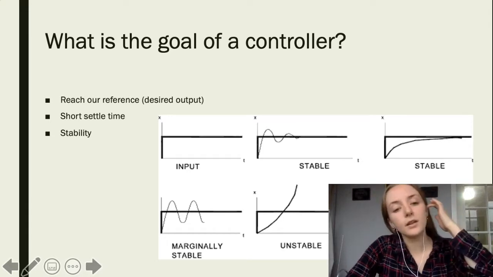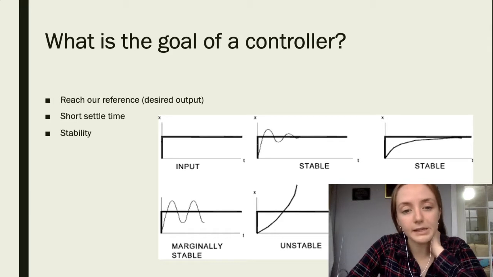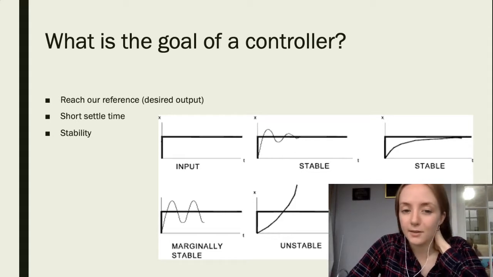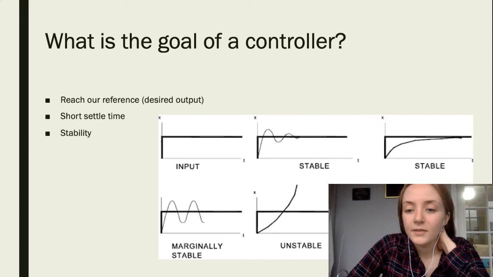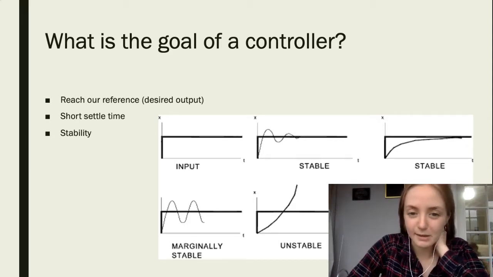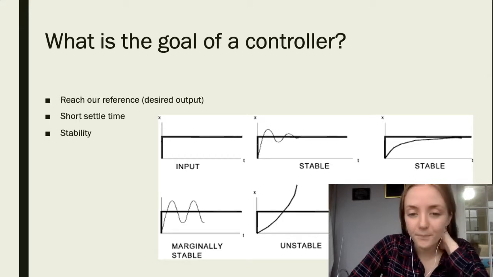So if we look at the middle top graph, this is a stable system, and we know this because it eventually settles onto a steady value, and that steady value, thankfully in this case, is the input that we wanted. So our controller and our system is doing what we wanted.